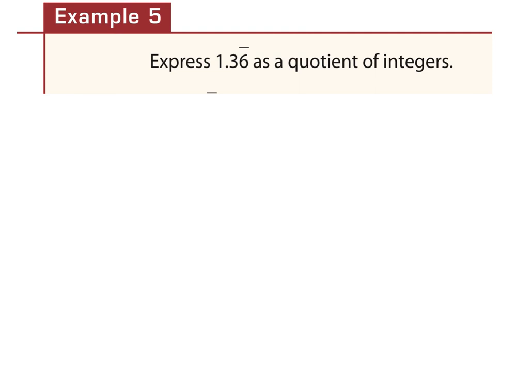So we're still going to set it up as x equals this guy right here. How many places are repeating? 1 place is repeating. So we are going to multiply by just a 10. And when I multiply this by a 10, I do move this over.